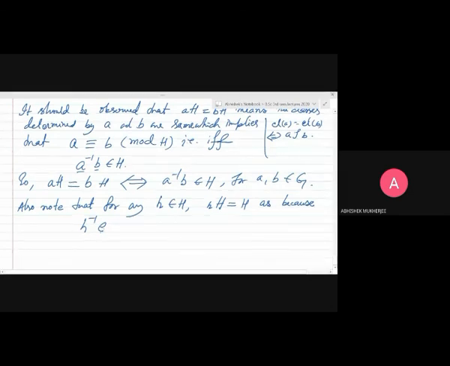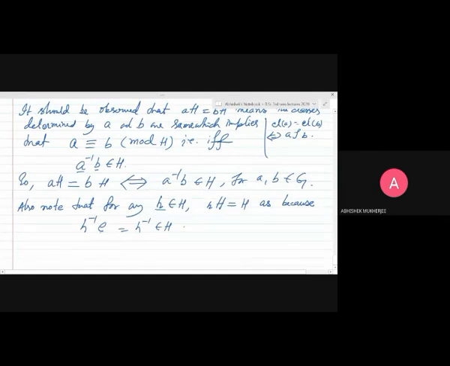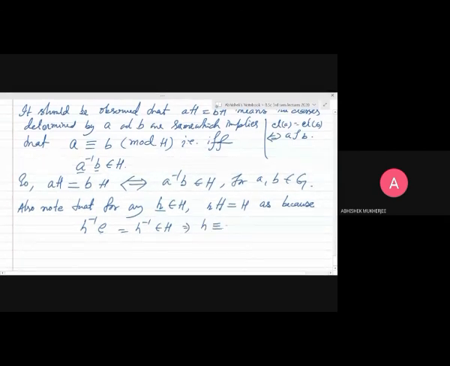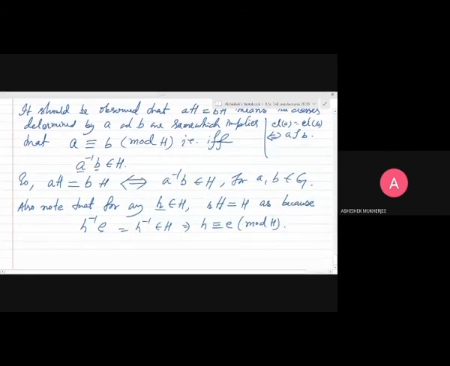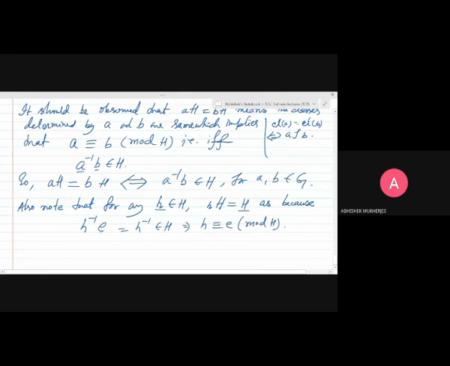So h inverse e is h inverse. Now since h is in the subgroup, its inverse is also in the subgroup. So h inverse belongs to H, which implies h is congruent to e mod H. And since two elements are congruent to each other, they are related to each other. That means their classes are the same. Okay. So if you take any element from the subgroup, then its left coset coincides with the subgroup itself. So h H is capital H.